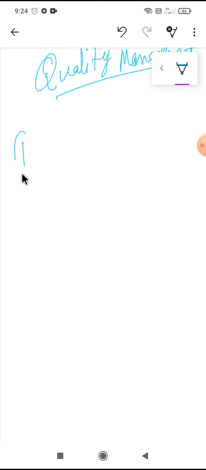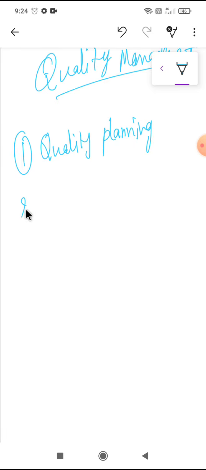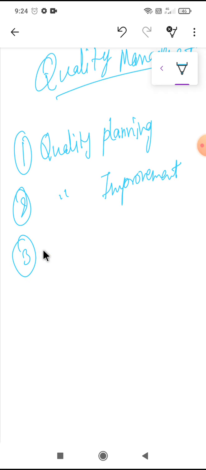That is first quality planning, second quality improvement, third that is quality control, and fourth quality assurance.